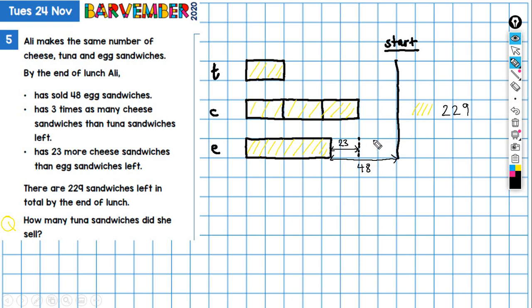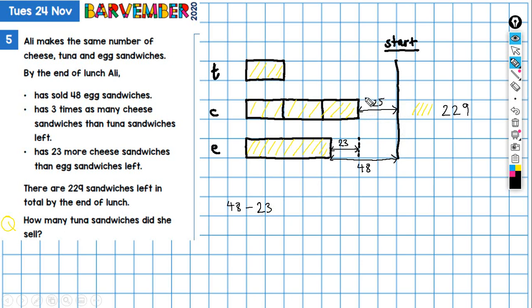Now I can also fill in this part. If I know this and I know this, then I know this, which is the same as this. So 48 subtract 23, and that's 25. So I now know that that is 25.